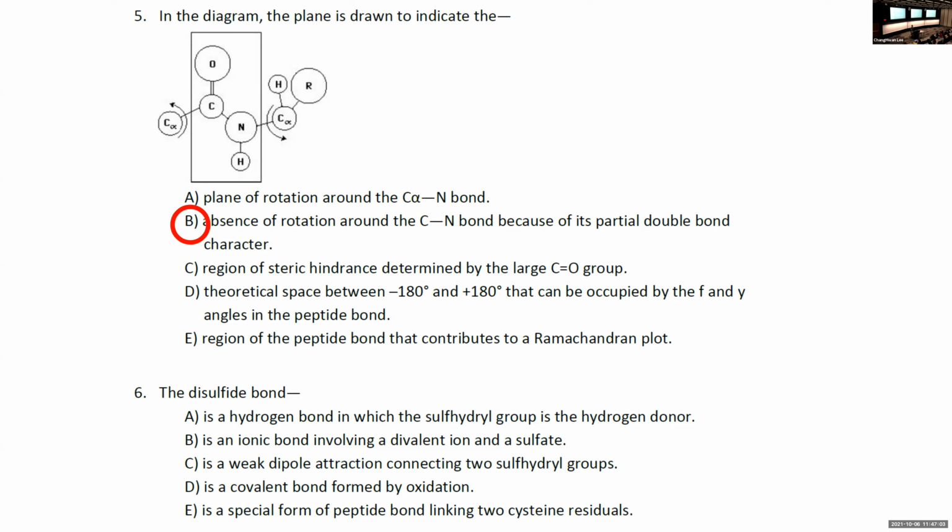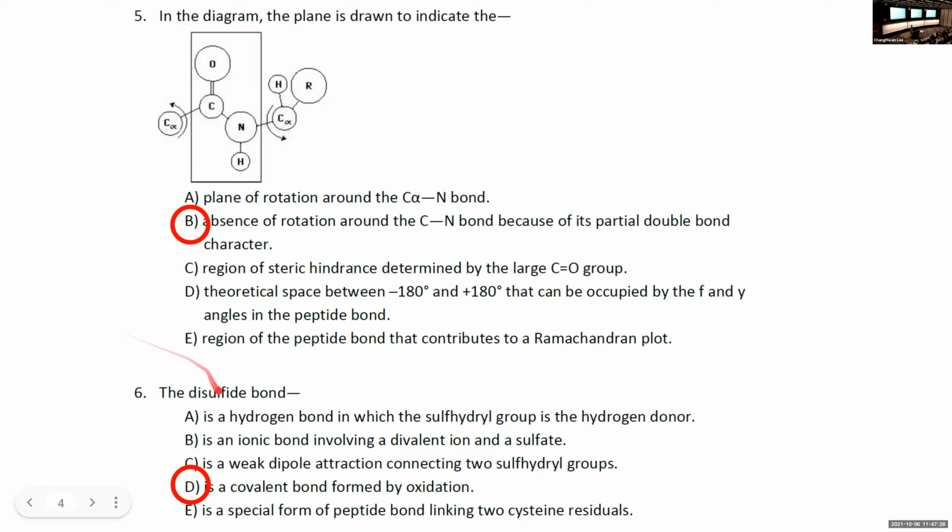Questions? Okay. Number 6. I hear B, C, D, but it's D. So disulfide bond, when you look at the two cysteines, they contain the sulfhydryl groups, and then basically they lose the hydrogen atoms there, right?